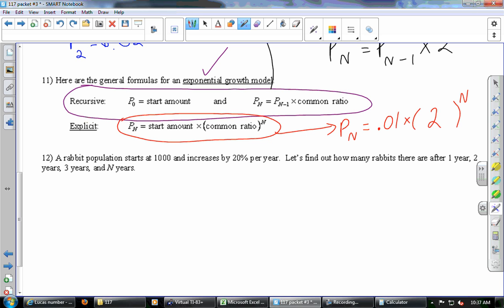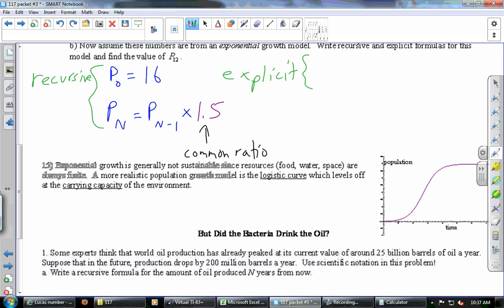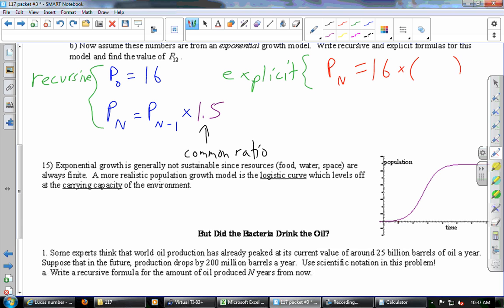So here we're using this one in red. It says starting amount times common ratio to the n. Let's try it. Explicit formula right here. Pn equals, that's in the formula. Starting amount, still 16, times the common ratio, 1.5, we found that, raised to the always n.